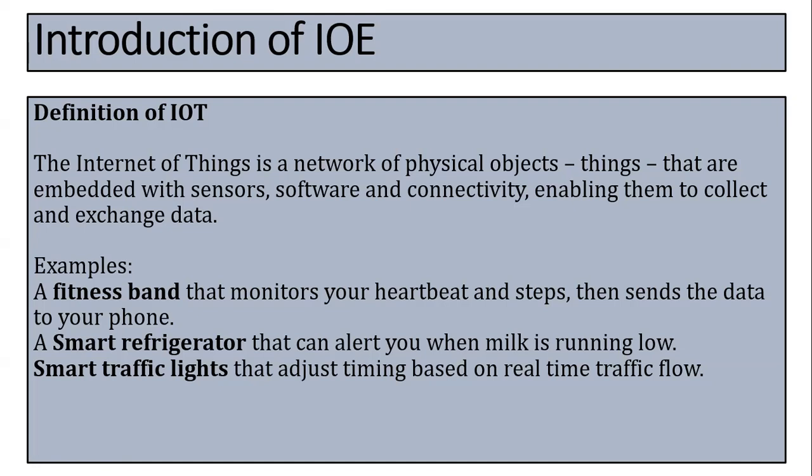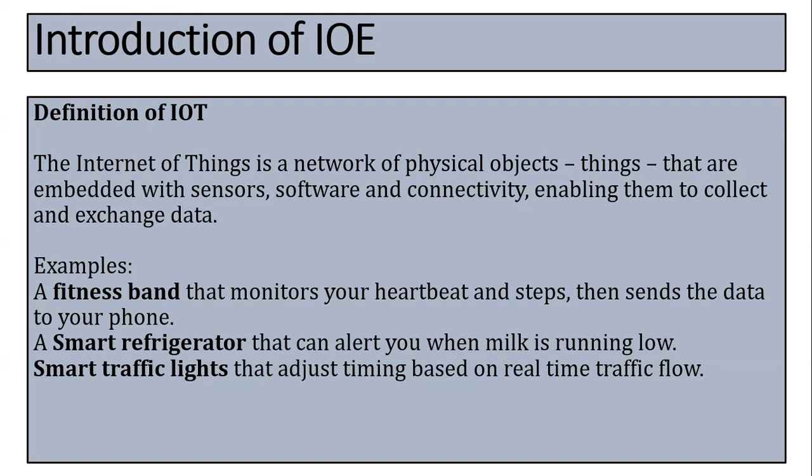Now, examples of Internet of Things which we are using currently in day-to-day life: the fitness band, which monitors the heartbeat and steps and sends the data to your phone. Then there is a smart refrigerator, which gives an alert message if any product is running low.